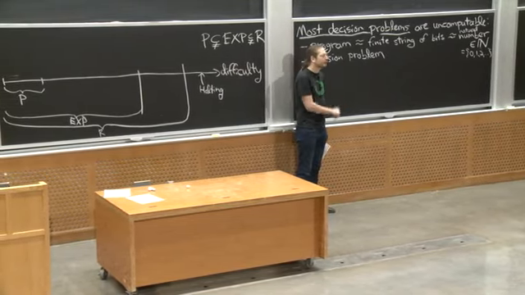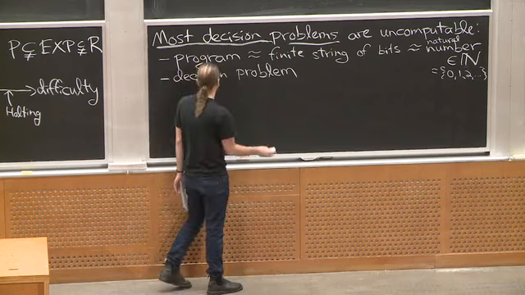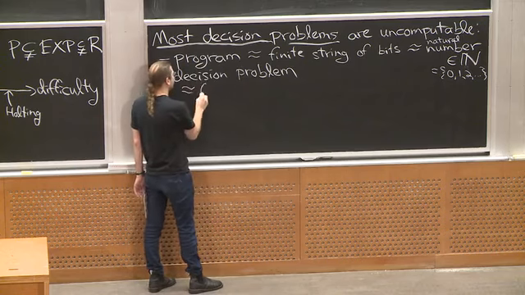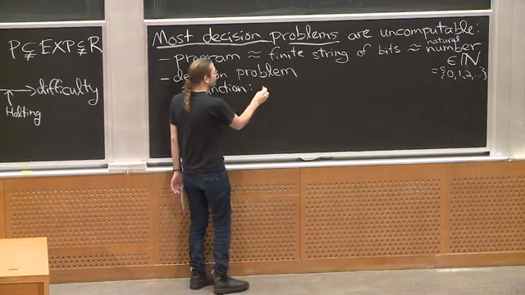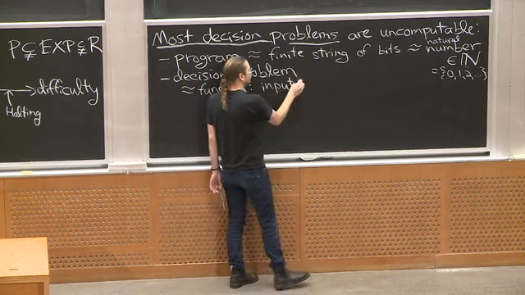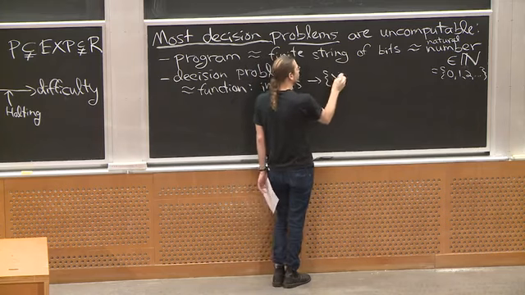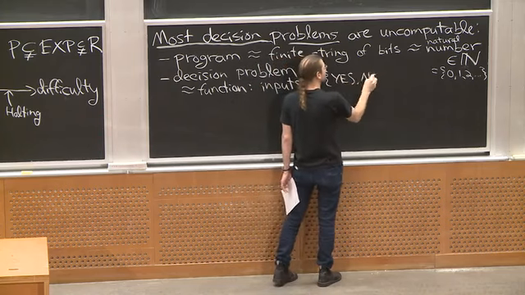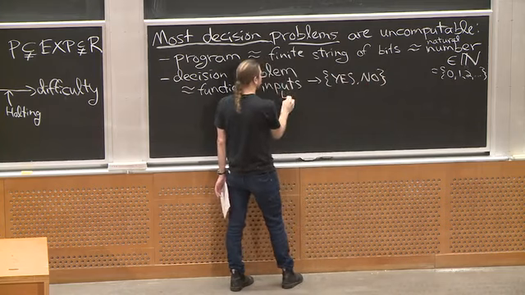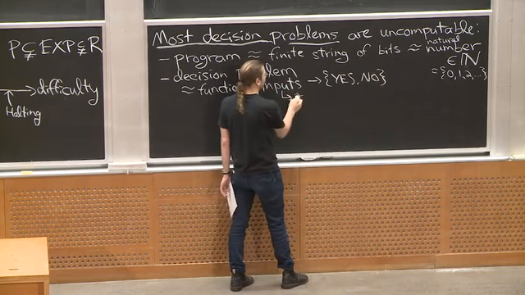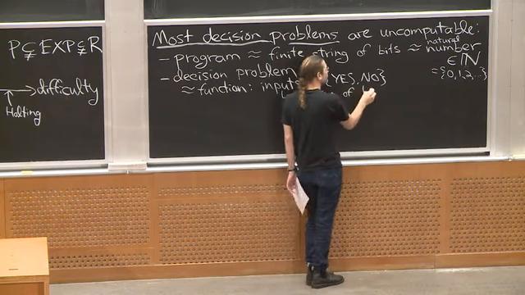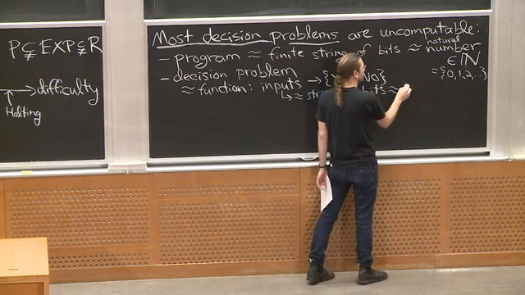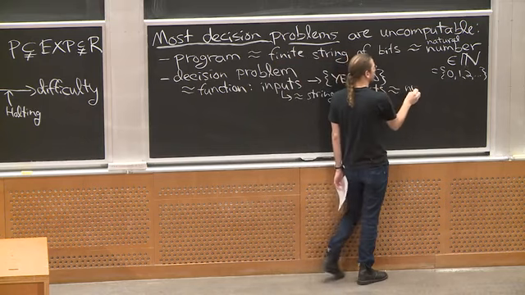It's just a file. So a decision problem is a function from inputs to yes or no. And inputs, we're going to say, that's a string of bits, which we can associate with a number in N.